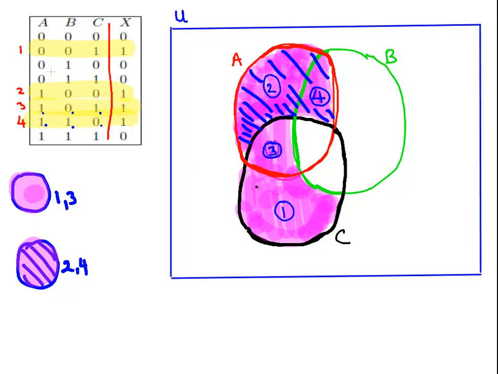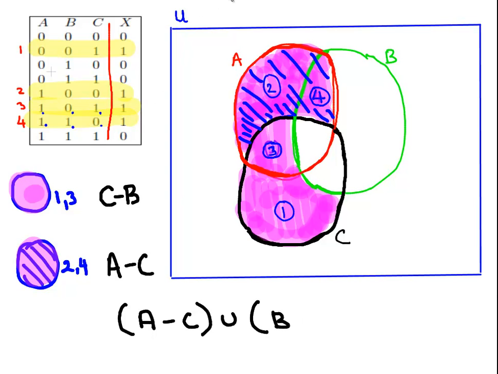So, how can we describe these regions? If you look at regions 1 and 3 together, they comprise C minus B, the set difference of B from C. The second one includes regions 2 and 4 together, which is A minus C. So together we have the union of A minus C and C minus B. That's probably as simple as you can get it without causing undue confusion.